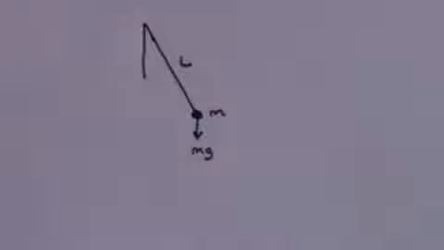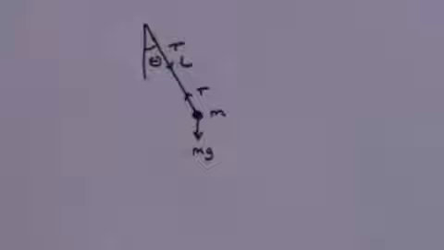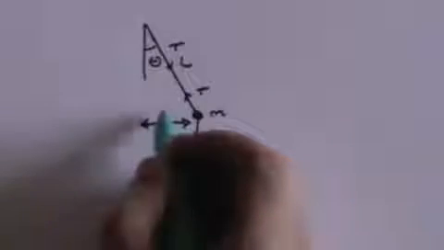Let us now consider a pendulum of length L with a mass m at the end. It is displaced by an angle theta. There is a tension T in the string and another tension T at the other end of the string. The physical displacement from the mid position is x.